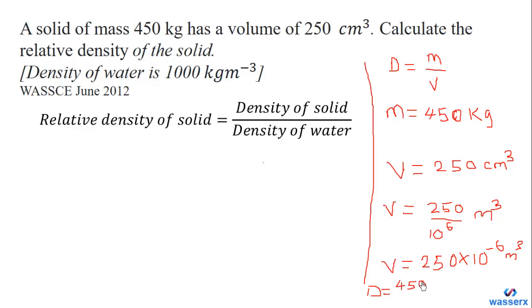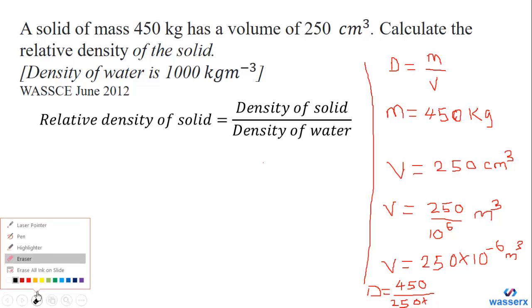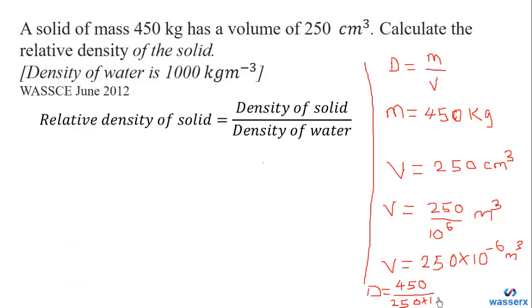Now the density is equal to 450 over the volume, which is 250 times 10 exponent negative 6, and this will be equal to 1.8 times 10 exponent 6.